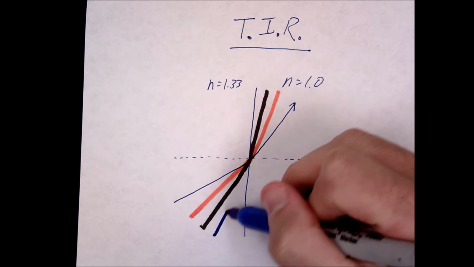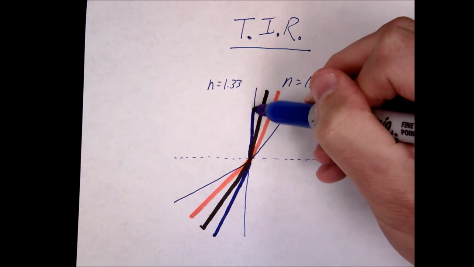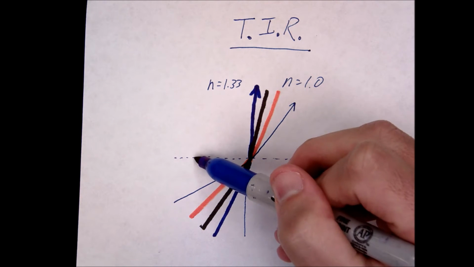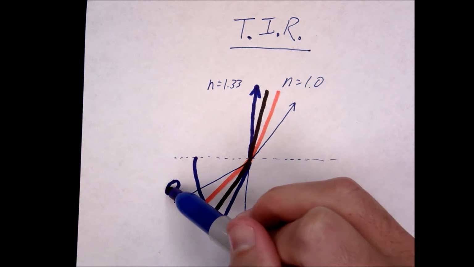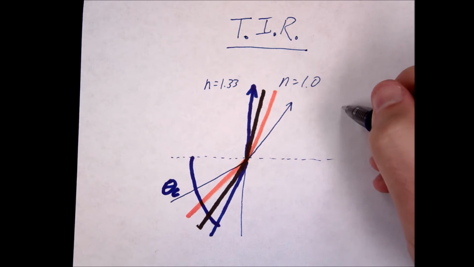So I'm going to draw one more. This blue one wants to refract at 90. This angle is called theta C, and that stands for the critical angle.